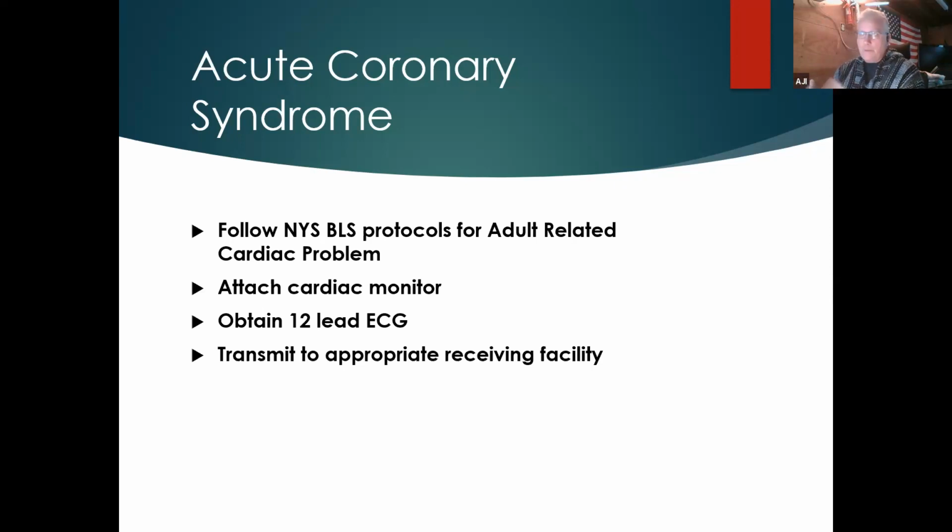You remember, if you're suspecting somebody of acute coronary syndrome, aspirin. They're getting aspirin. You're going to assist them with their nitroglycerin. Also, remember the protocols that go with that and the limitations: sensitivity or allergy to aspirin, nitroglycerin, vital signs, systolic above 120, and they can take them. Okay, so keep that in mind.